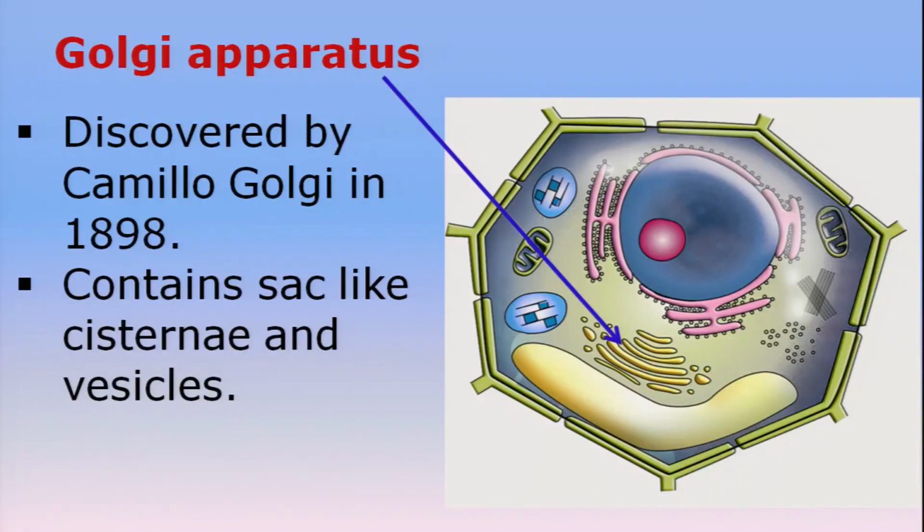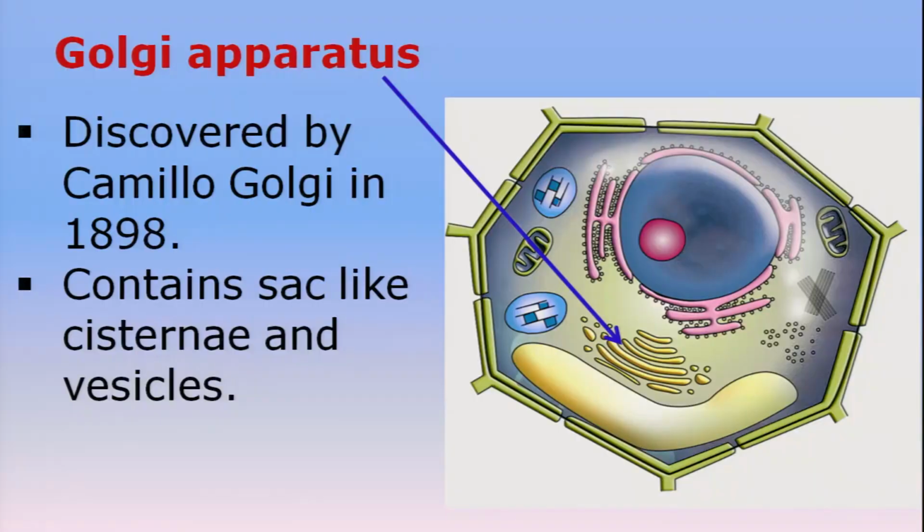Golgi apparatus is present next to endoplasmic reticulum because endoplasmic reticulum and Golgi apparatus work together.